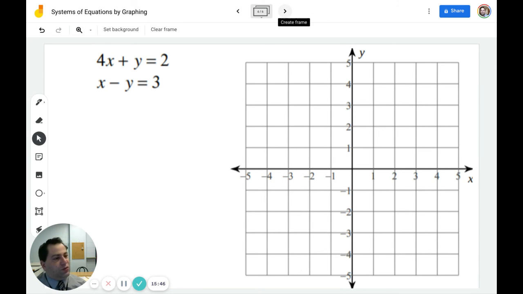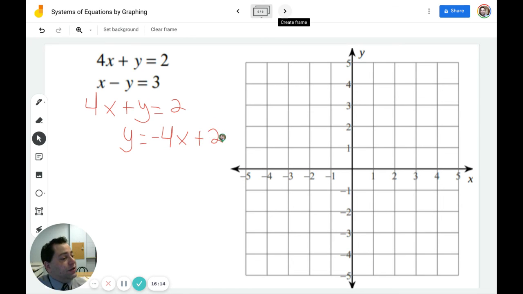4x plus y equals 2 and x minus y equals 3. First things first, we're going to have to fix them. So we have 4x plus y equals 2. I'm going to isolate my y. I want to get y alone. So I'm going to move my 4x to the other side, and I get y equals -4x plus 2.